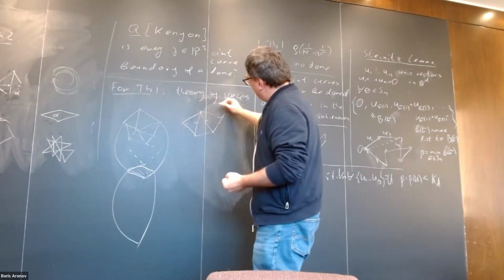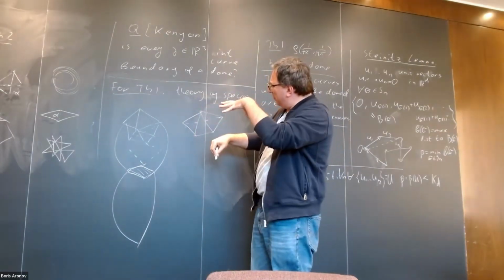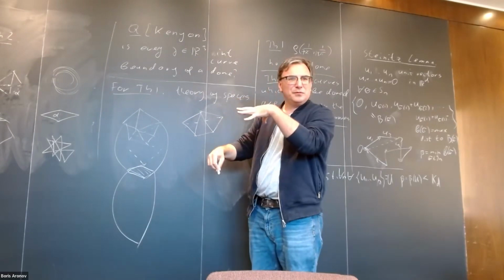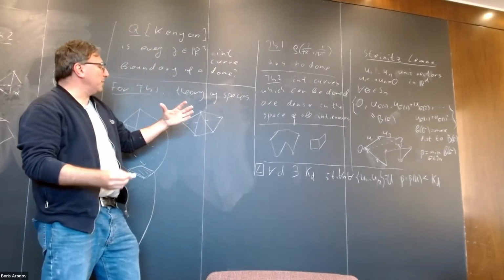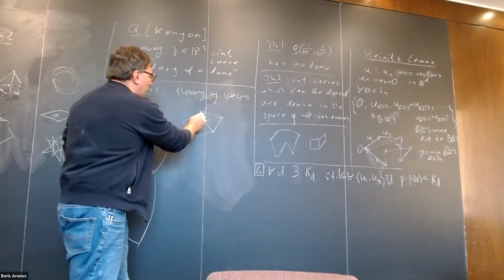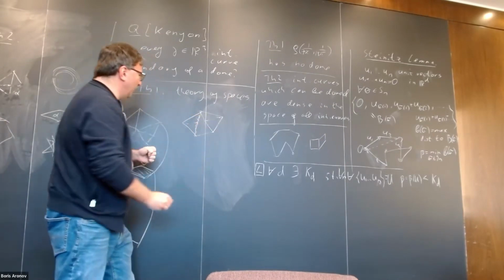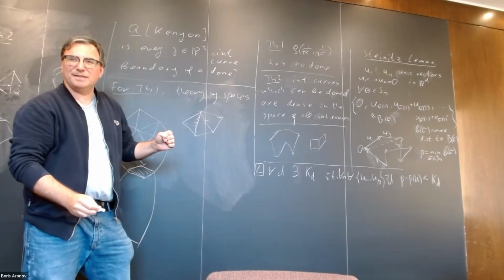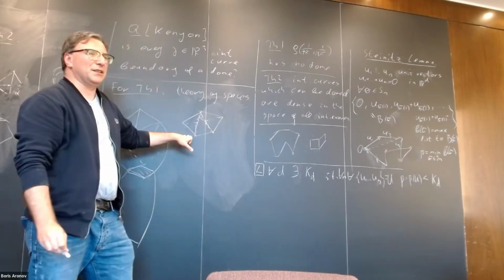So imagine you have this kind of pentagonal cone. What is the degree of freedom of that pentagonal cone? Well, you can bend it here, and you can bend it a little there, but that's it.